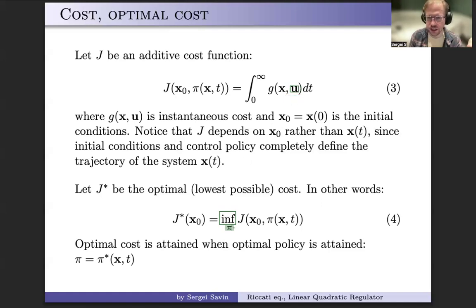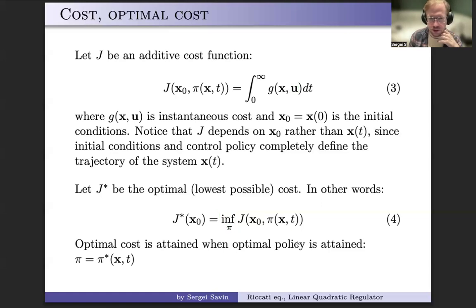Of course, we could say over u of t, but that would be disingenuous. What we change here is specifically pi, the law for how to relate the current state and time to u. So our decision variable is a function.